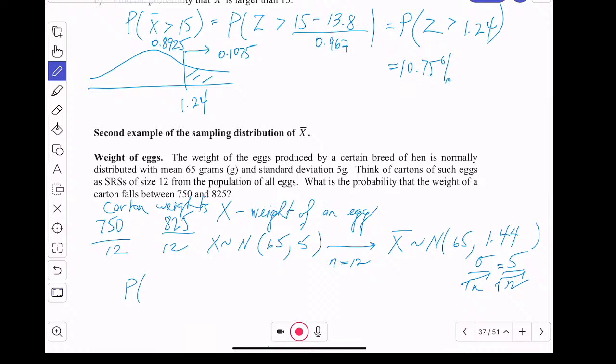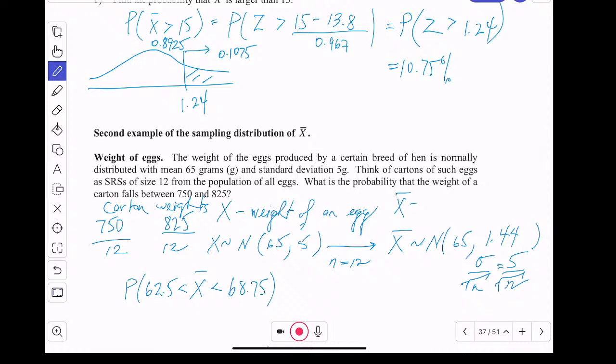I have to talk about not 750 but 62.5 as the egg, and 825 divided by 12 is 68.75.